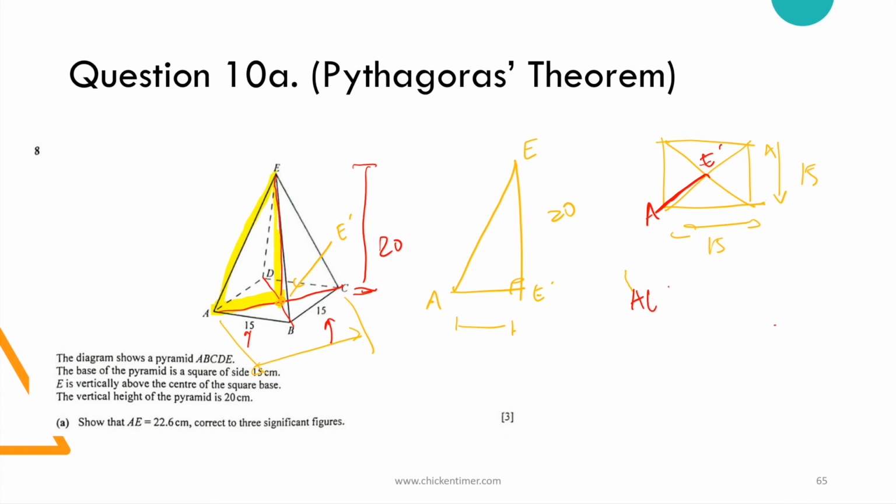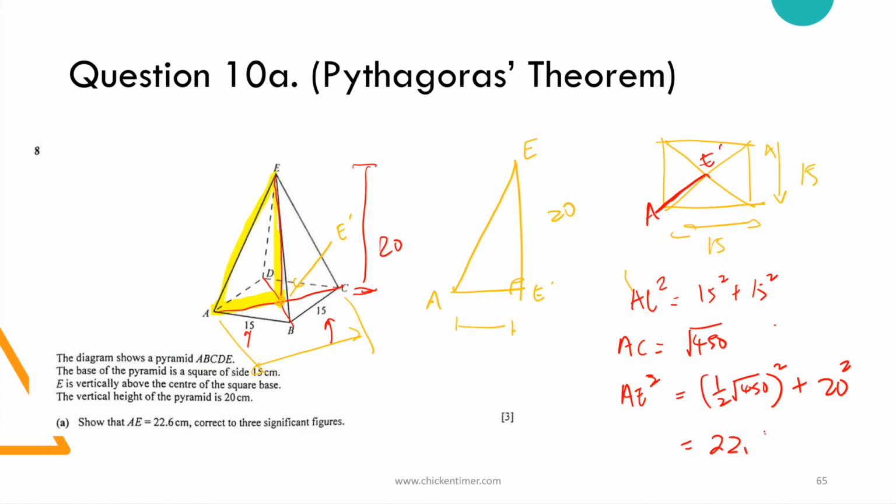AC squared is equal to 15 squared plus 15 squared, so AC squared is 450. So AE squared will be half of AC, so half root 450, squared, plus the height squared, 20 squared, which is 22.638, so 22.6 shown.